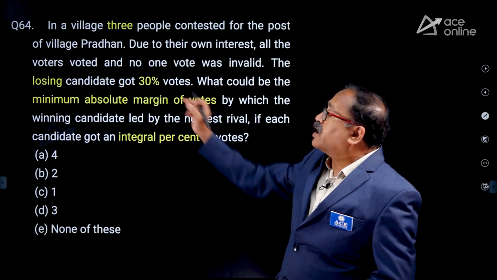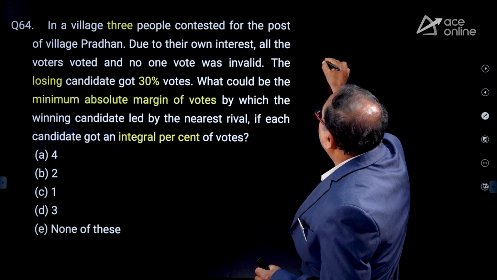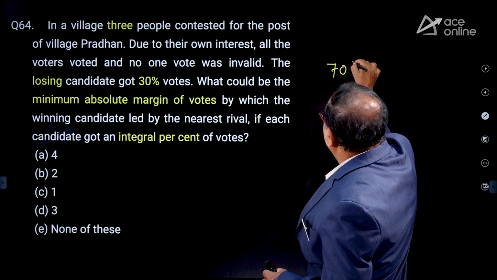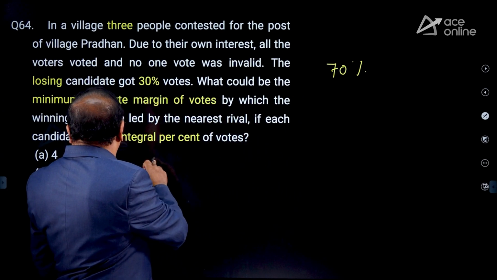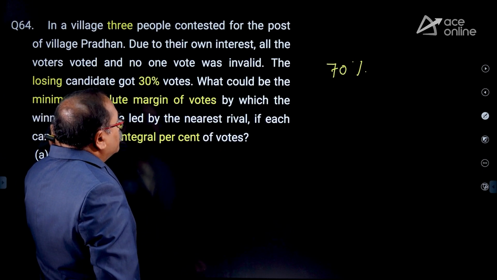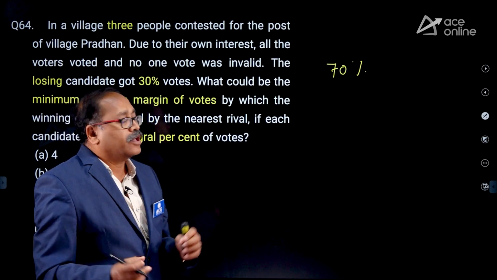Okay, so losing candidate got 30%. So these two person must have got 100 minus 30, which is 70%. Now first I will take the least margin, it says, right? The nearest rival, each got the integral vote. Okay.